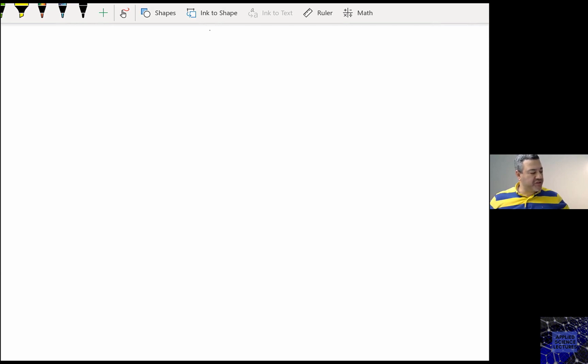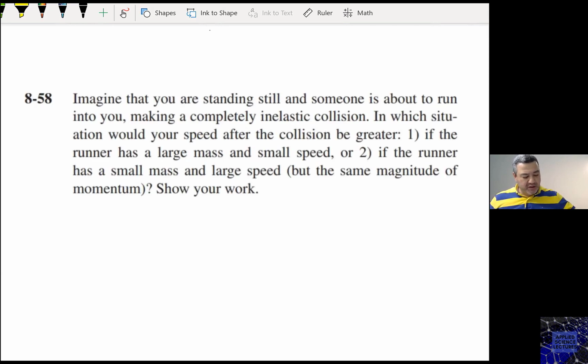The next question is question 858, page 231. Imagine that you are standing still and someone is about to run into you, making a completely inelastic collision.